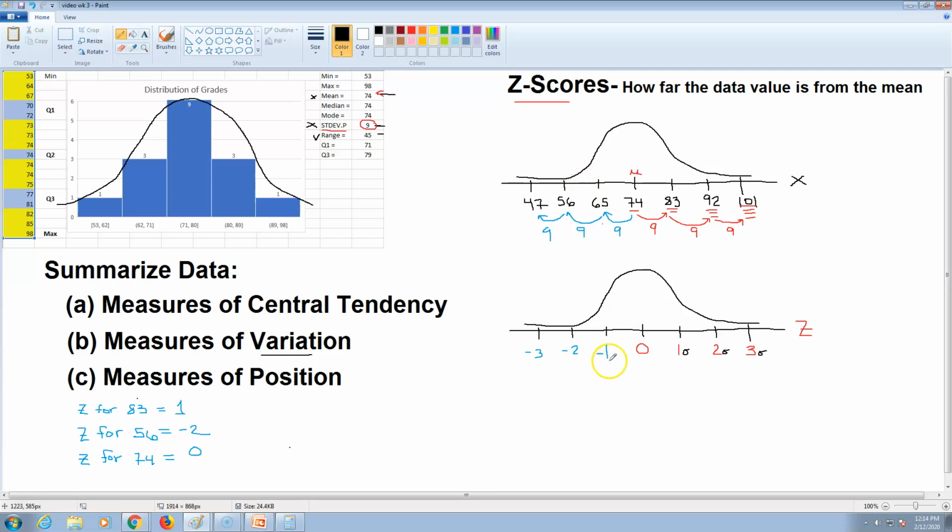The 65, -1 standard deviation. And just keep in mind, the negative means I'm counting to the left. 56, -2 standard deviations. 47, -3 standard deviations. And who's really the 0? The mean. And this is what we call a z-score. In the next video, I'm going to show you how to find the z-score of values that you do not see on this line.